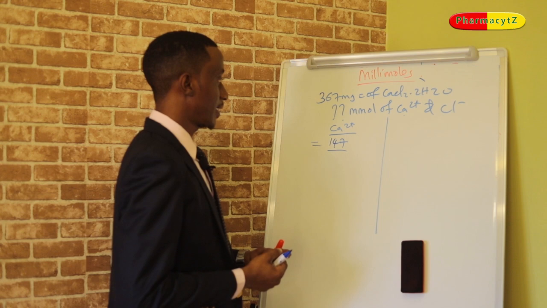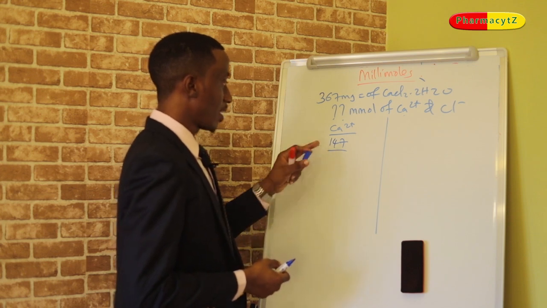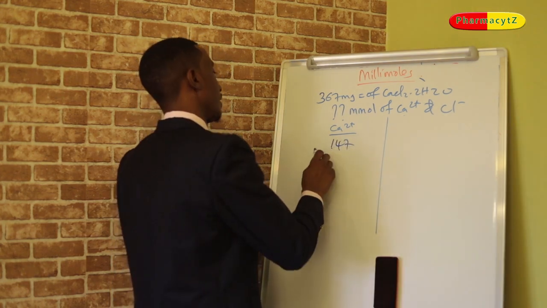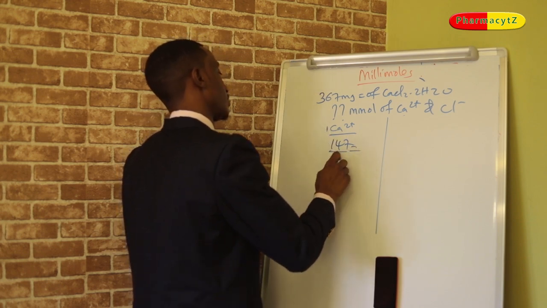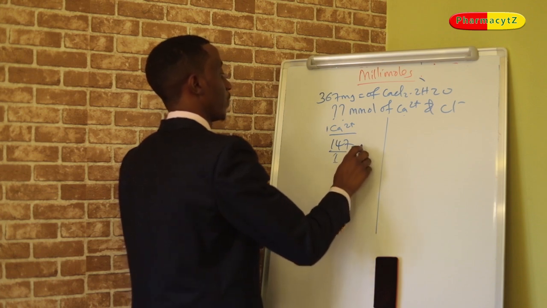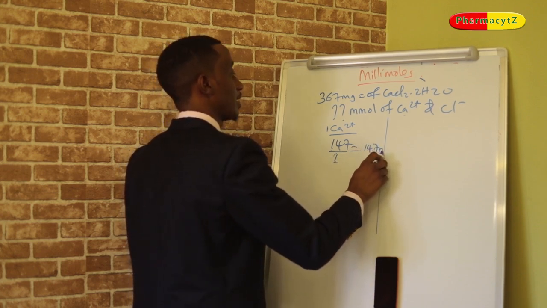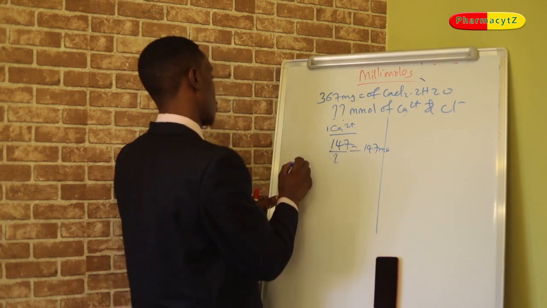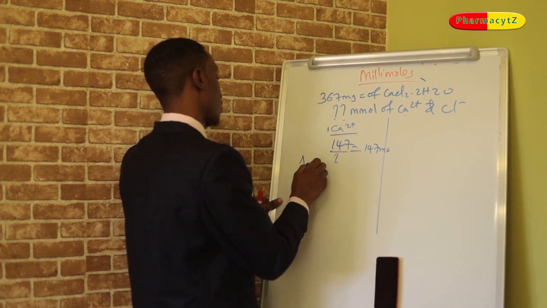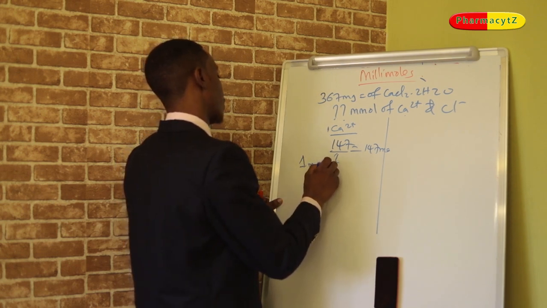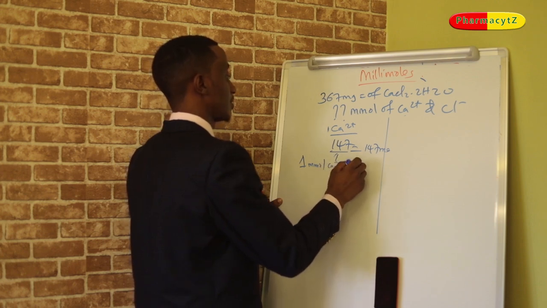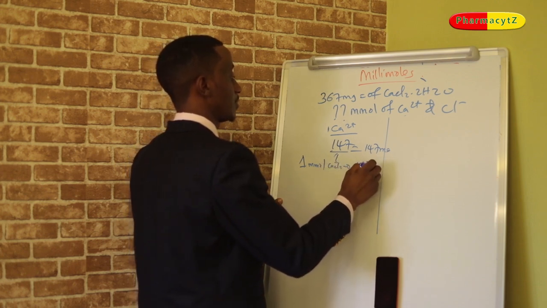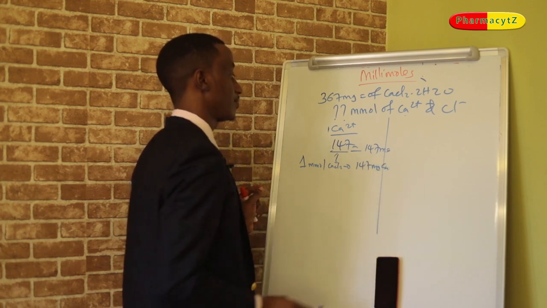The number of moles here is 1, so 147 milligrams divided by 1 is 147 milligrams. So that will remain the same. That is to say, 1 millimole of calcium chloride provides 147 milligrams.